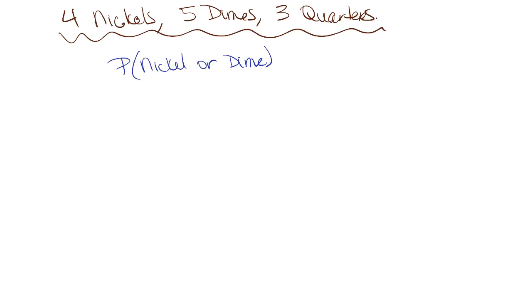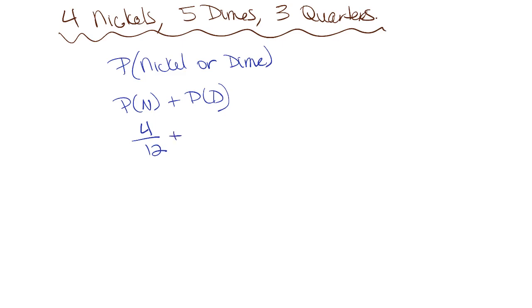So kind of 2 ways to do this. This is technically the probability of a nickel plus the probability of a dime. So how many nickels do I have? I have 4 out of 12 total coins. So 4 of my 12 coins are nickels.